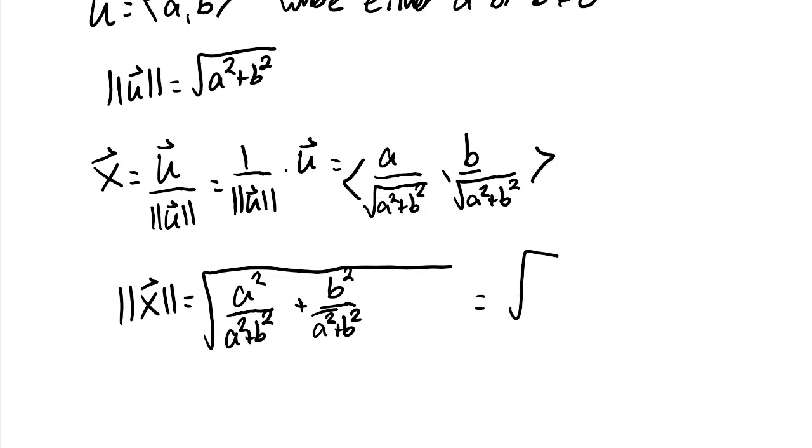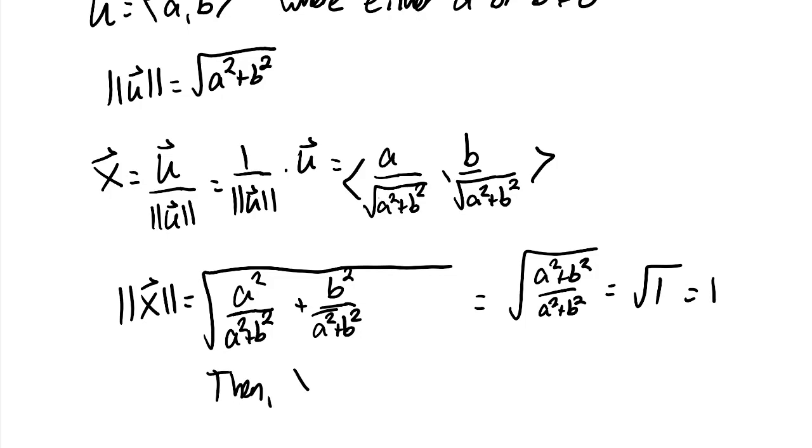We add these together and get a squared plus b squared over a squared plus b squared. So this is the square root of 1, which is just 1. So we made a unit vector. Okay, so x is a unit vector.